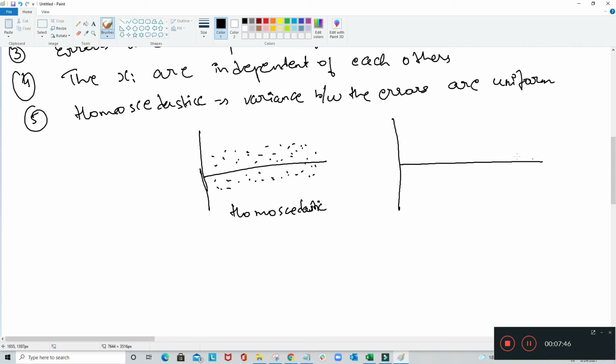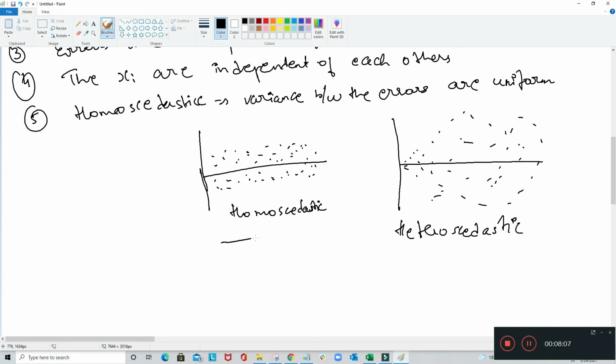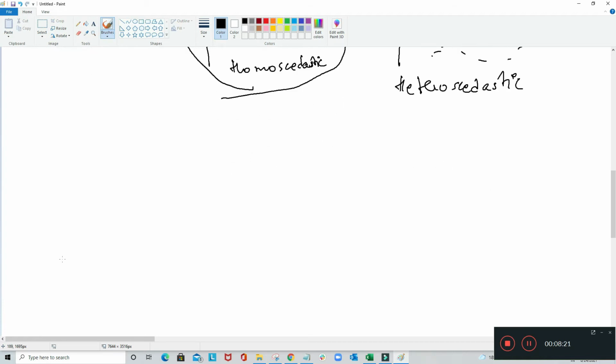The other case is if the errors are spread out like this, imagine, this is heteroscedastic. My errors should be homoscedastic in nature. So by taking these assumptions, we can proceed further in deriving the probabilistic interpretation.